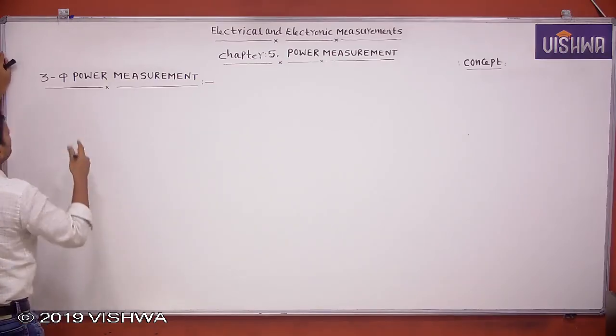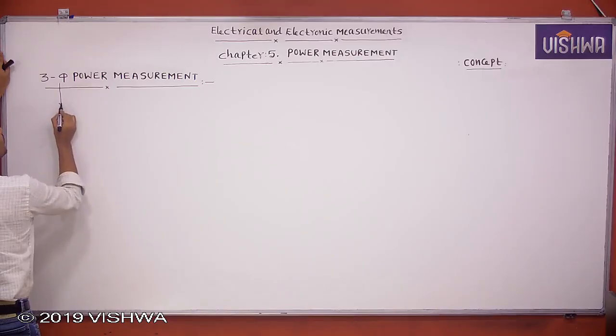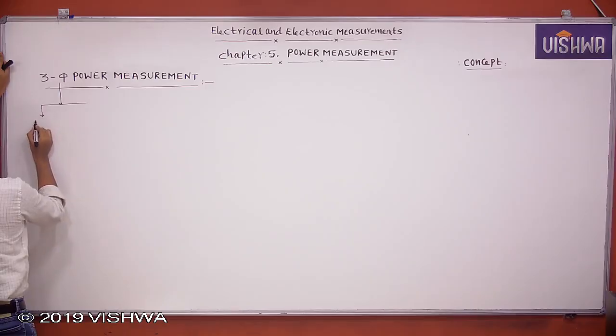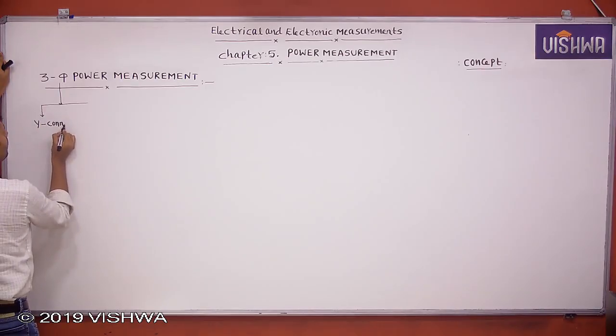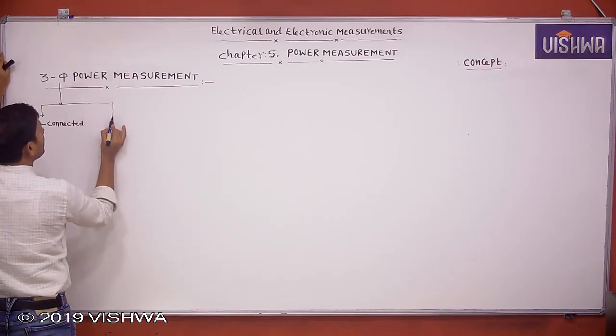But in a three-phase system, mainly you have two types of loads. One is star connected, another one is delta connected.